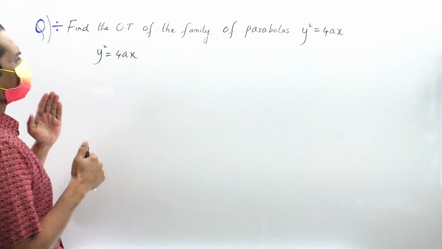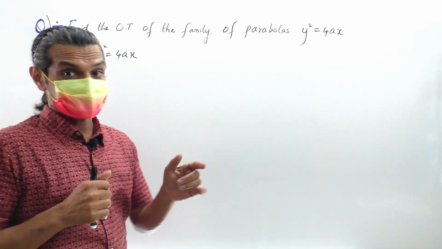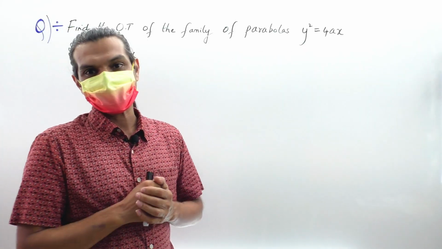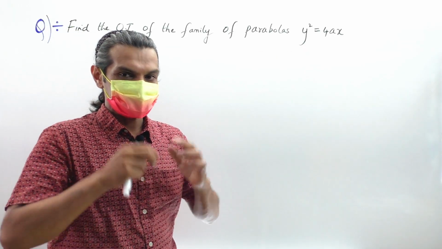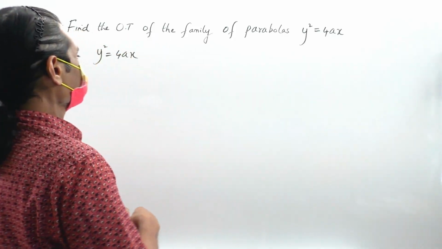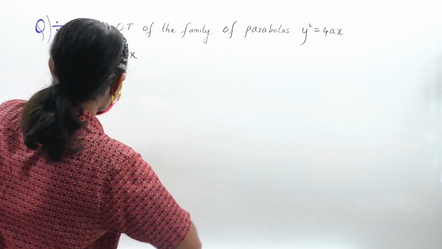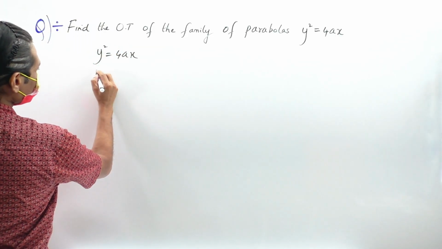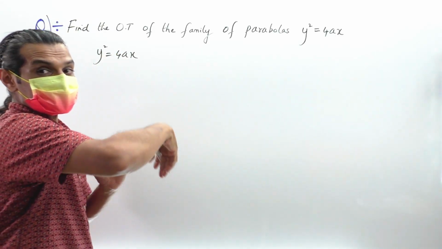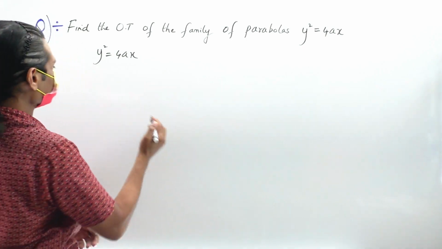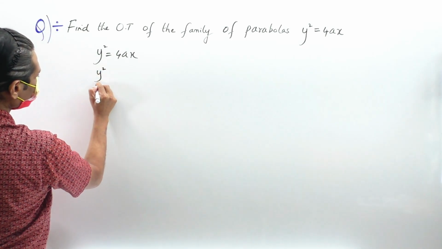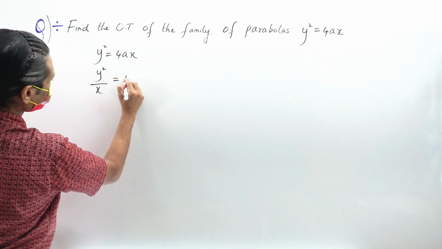Differentiating, y square gives 2y dy by dx equal to 4a into 1, so 4a will be retained. It's not eliminated. So I use some brains here. I will do such a thing that I remove that 4a in one shot. If I take 4a to the right side, the differential of 4a is 0. That's it. So I'll write it as y square by x equals 4a.